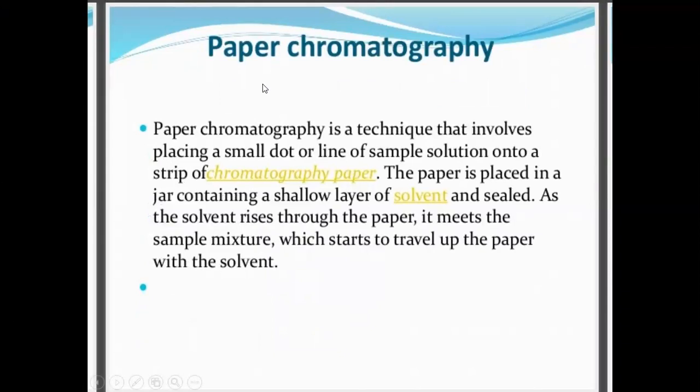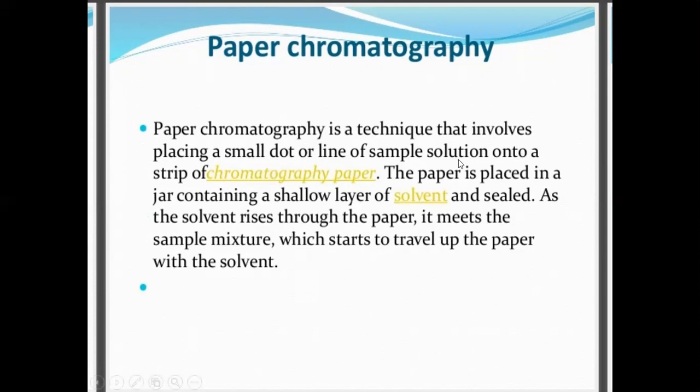Paper chromatography is a technique which involves placing a small dot or line of the sample solution onto a strip of chromatographic paper.